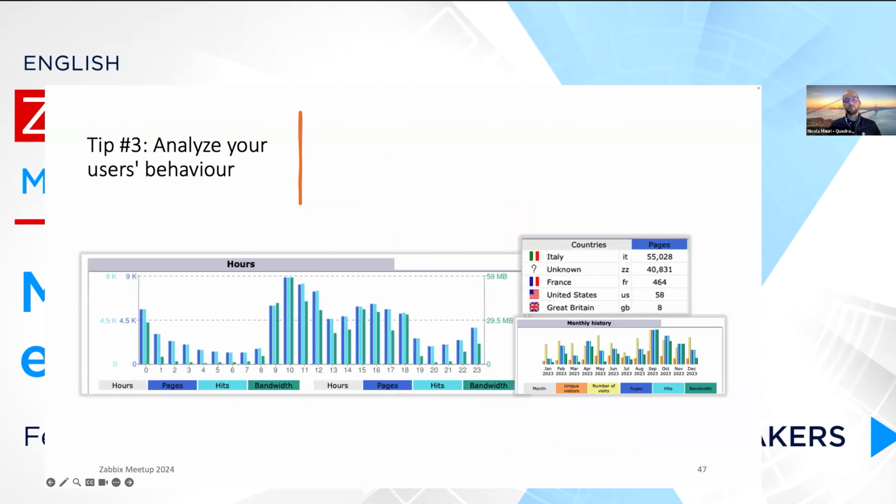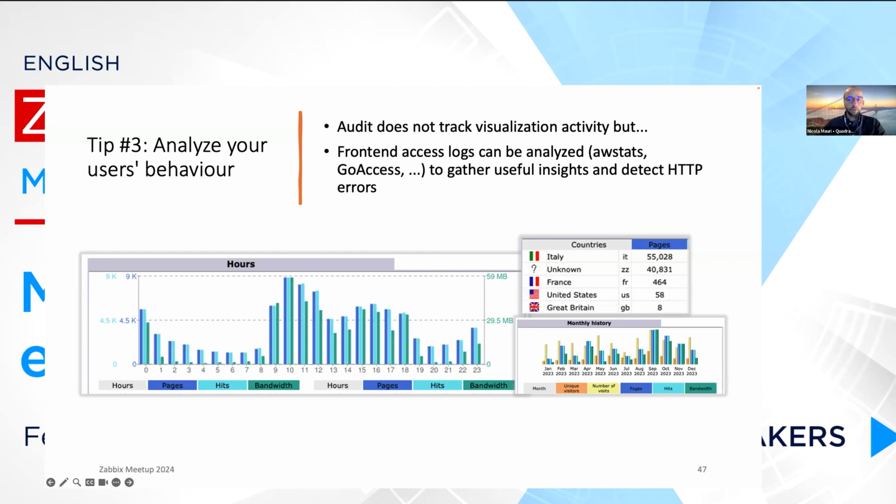Okay, some final tips. Analyze your user behavior. What is the behavior of your users on the Zabbix front end? How many times do they connect? How many dashboards are used? Well, the Zabbix audit feature does not include this information, but an idea is to analyze the access log file from the web server using one tool.